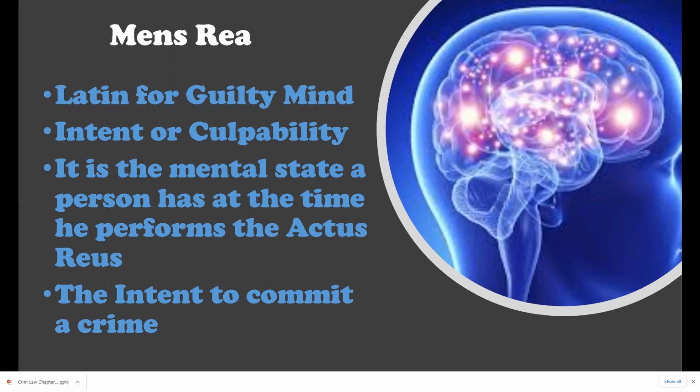Some are going to require that they had a knowing mental state. They knew what they were doing. Other crimes are going to require a different mens rea, such as maybe a specific intent. Depending on the crime is going to depend on what the mens rea requirement is.